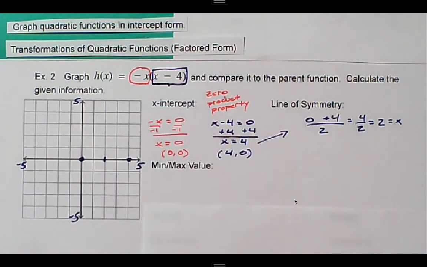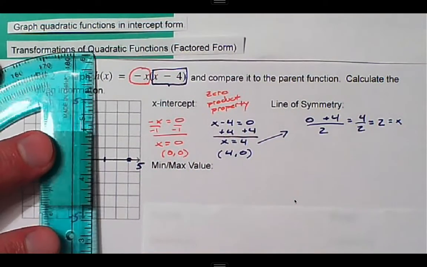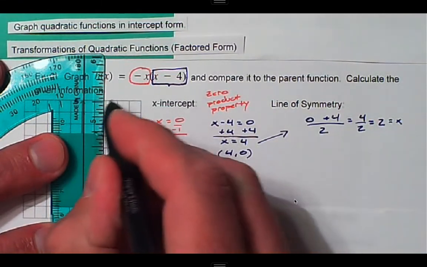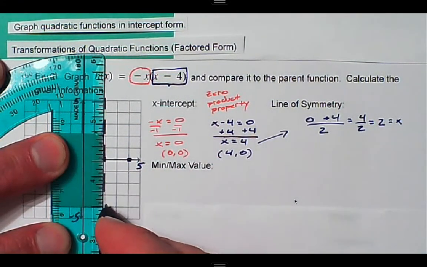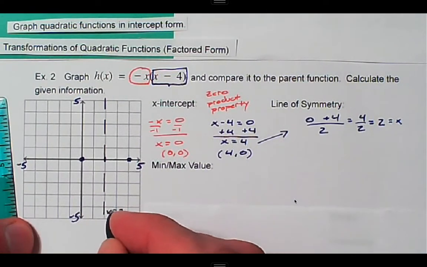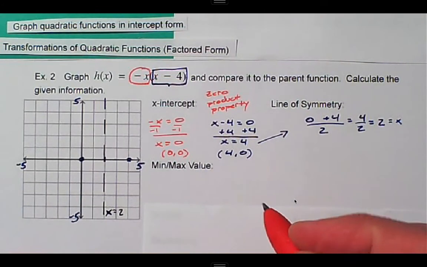So we can graph our line of symmetry at x equals 2. So that's our line of symmetry there. Minimum or maximum value.